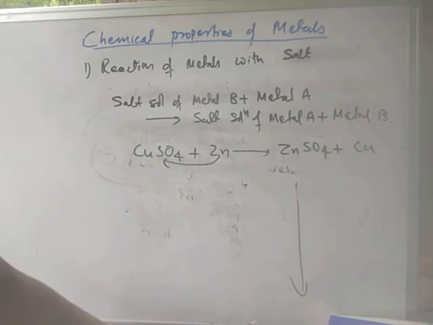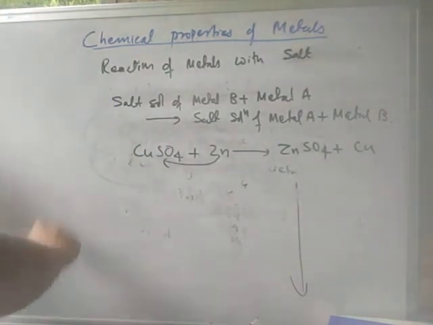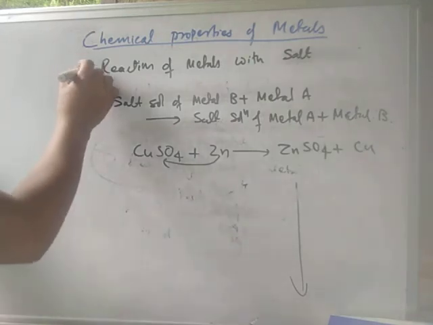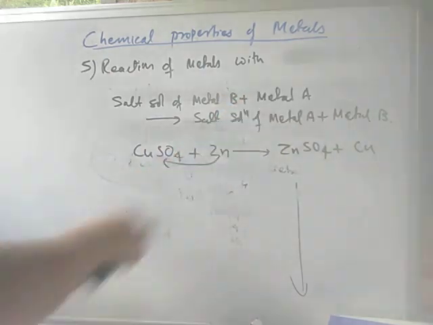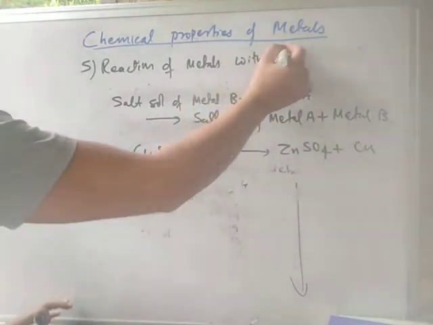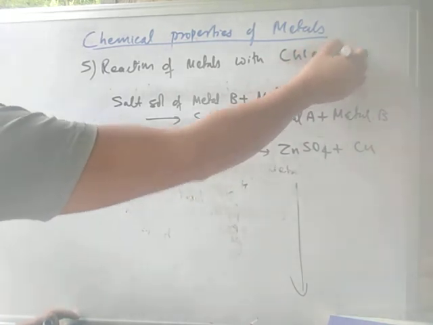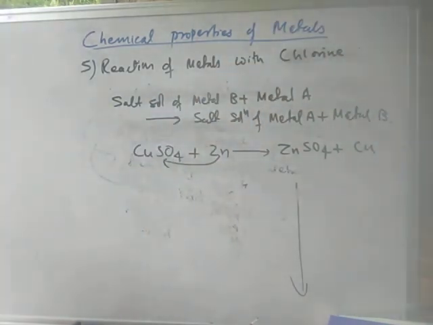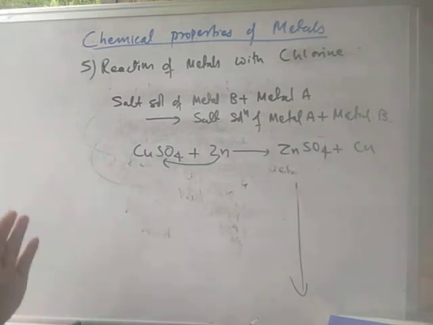Fifth one is reaction of metals with chlorine, a very important topic. What happens if metals react with chlorine? It forms ionic chloride.